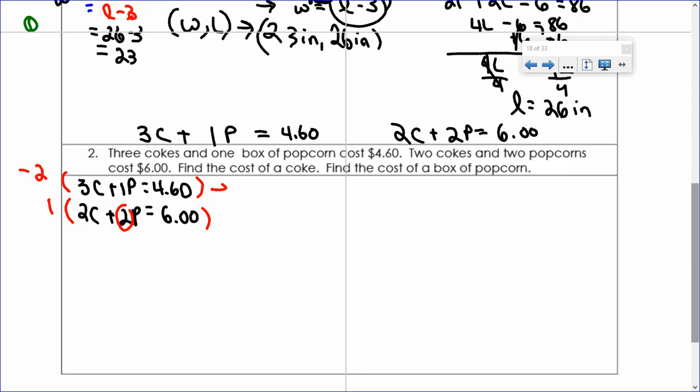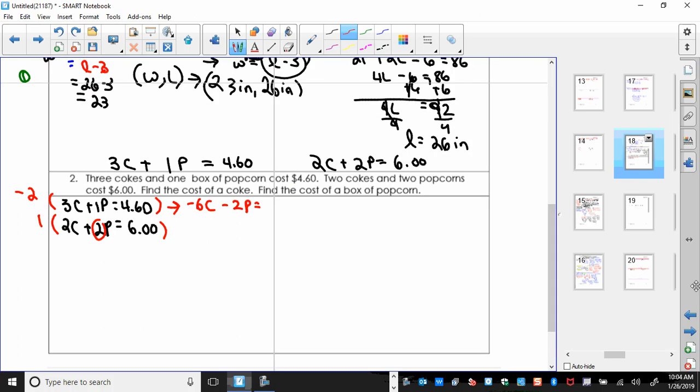When I transition over to my new equations, I have -2 times 3 is -6 C's. -2 times +1 is -2 P's equals -2 times 460. Let's go to the graphing calculator here. We don't want to play games. We want to be accurate.